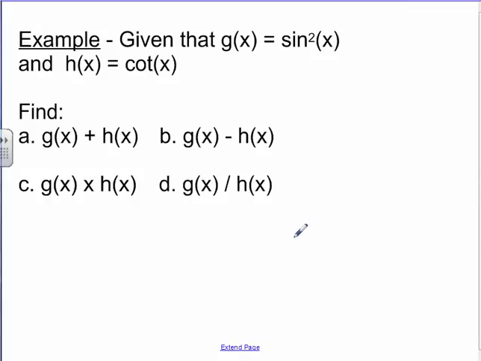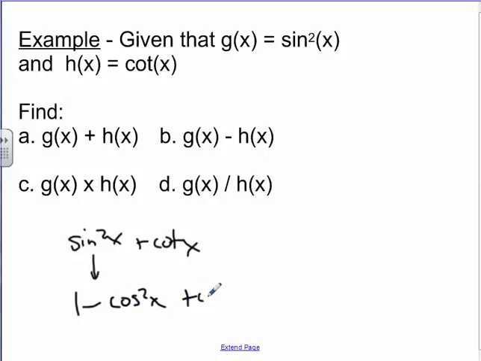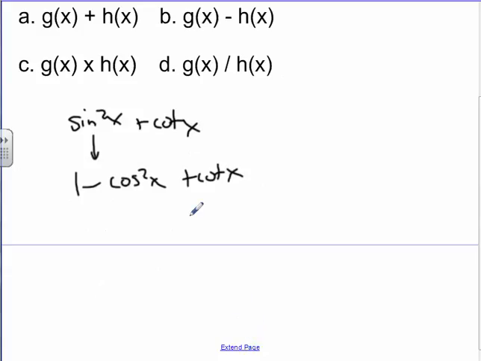You can do the same thing with sine and cosine, if you're familiar with trigonometry. But I'm going to move past this slide because this is pretty straightforward. For one of them, you're just going to do sine squared x plus cotan x, and that's really all you can do to it. If you know your identities, you might be able to make this 1 minus cosine squared x plus cotan x.